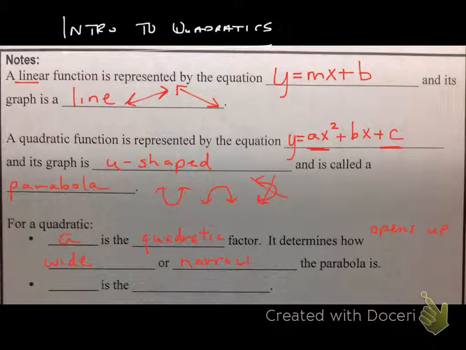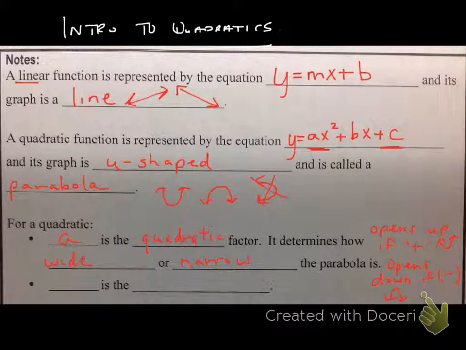It opens up if it's positive, that means you actually have a U-shaped graph. Or it opens down if it's negative. So up looks like this, down looks like that.